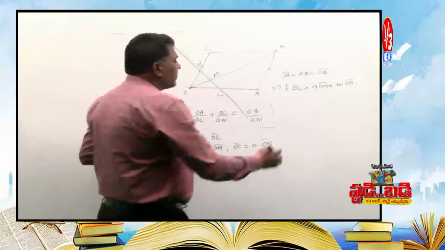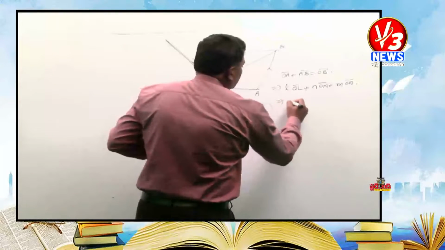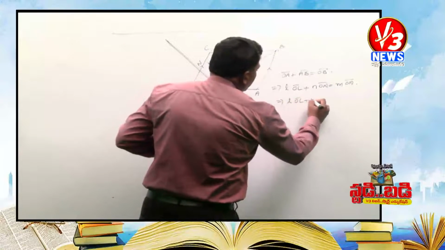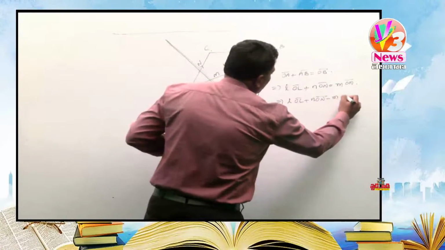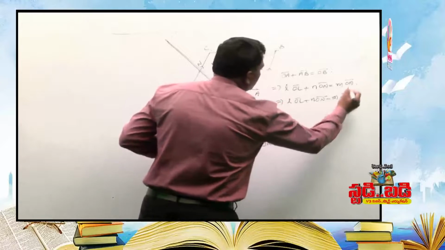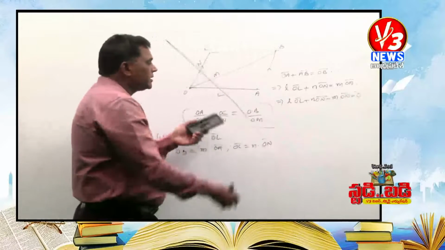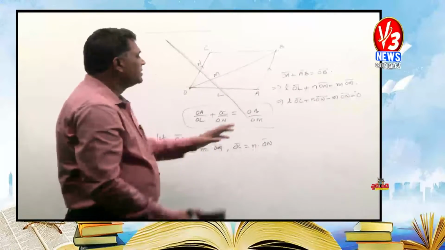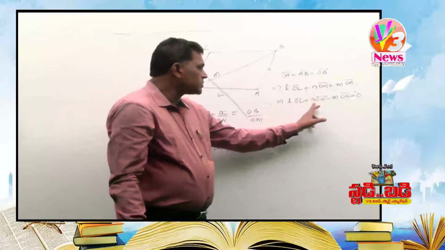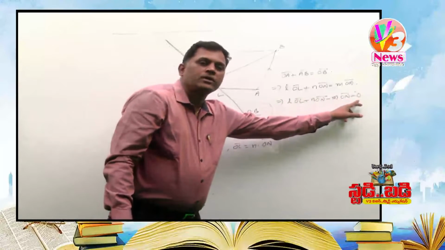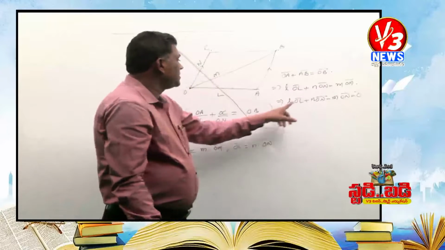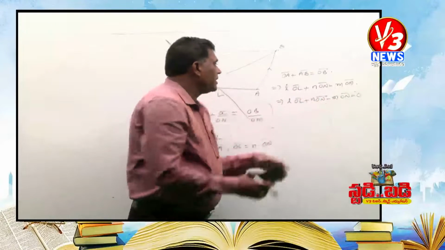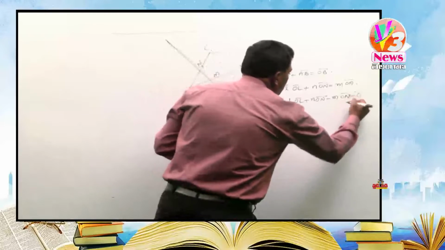Now L OL bar plus N ON bar minus M OM bar equals 0, we are getting the zero vector. Here, how is this relation, try to recollect. Is it in the form of X OA bar plus Y OB bar plus Z OC bar condition or not? At the same time, try to recollect here L, M, N, this is OM, sorry.